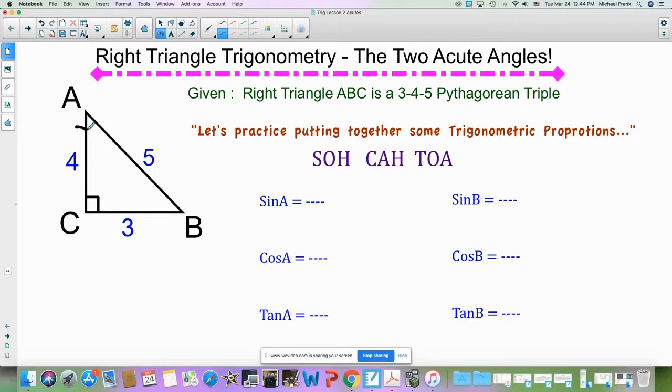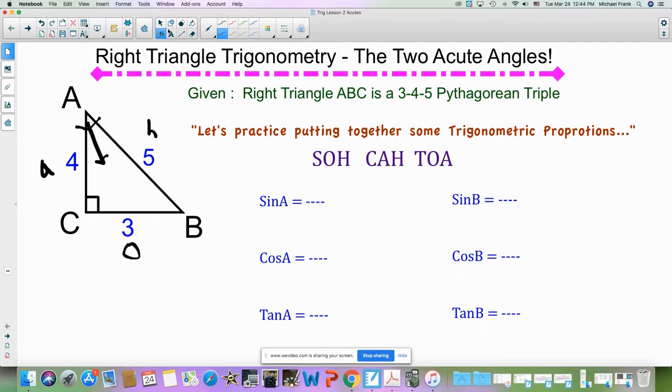That means that if I put my little bow and my arrow, this is going to be the opposite. This is going to be our hypotenuse. And this side over here is going to be our adjacent.